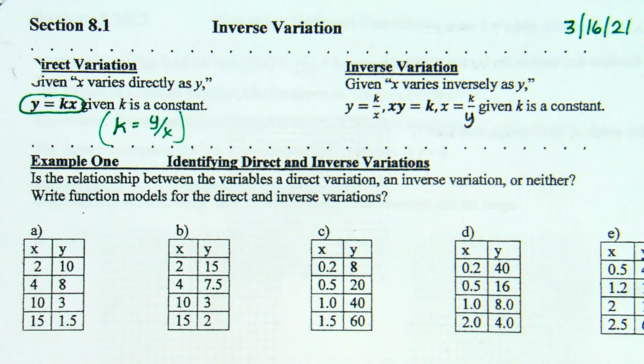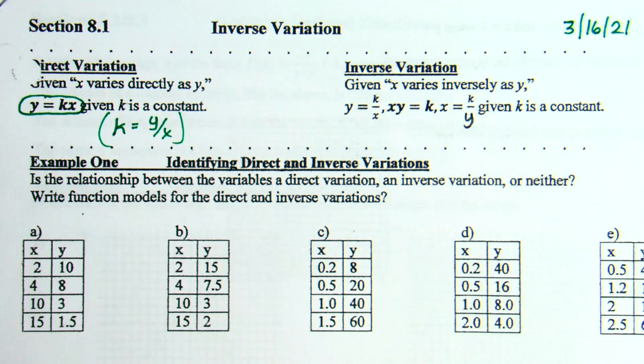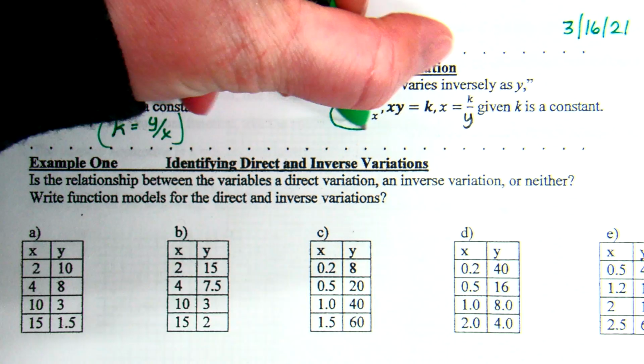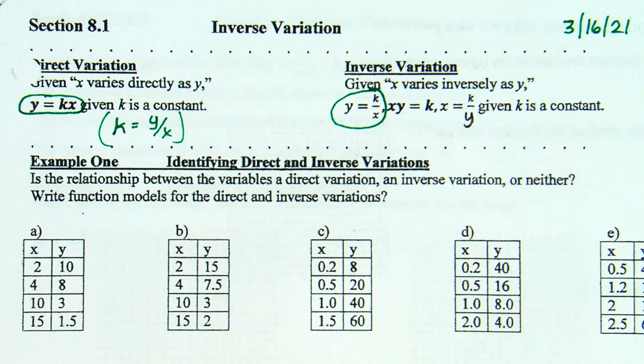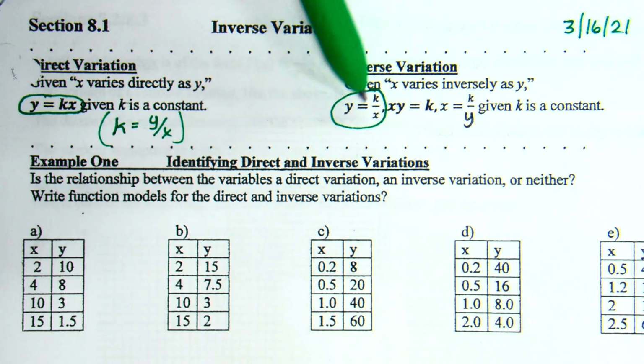Inverse variation. Well, wording, you're going to see given x varies inversely with y or given x varies inversely as y. The typical equation we see, the most typical one I would say, is y equals k over x.